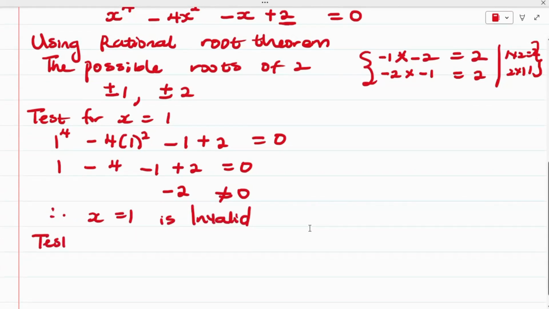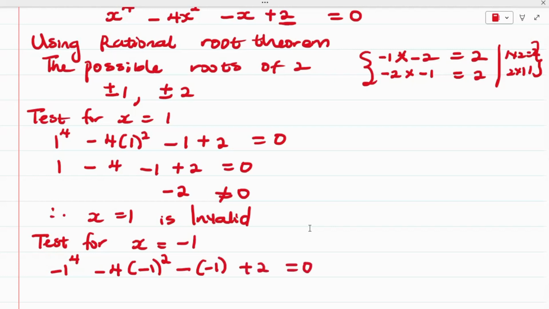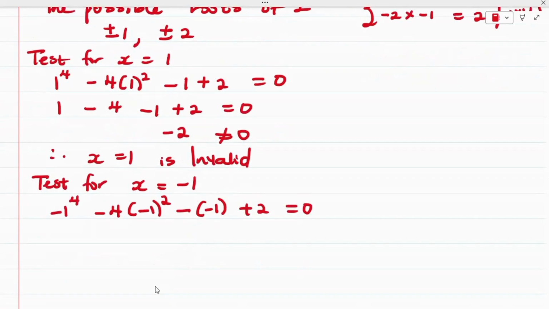So we want to test for x equals negative 1. So we have negative 1 raised to the power of 4 minus 4 multiplied by negative 1 all squared minus negative 1 plus 2, and this is equal to 0. Negative 1 raised to the power of 4 is 1. Negative 1 squared is 1, so 1 times 4 is minus 4.